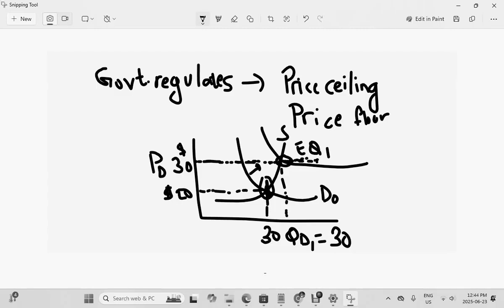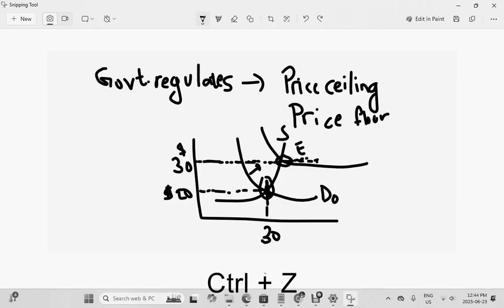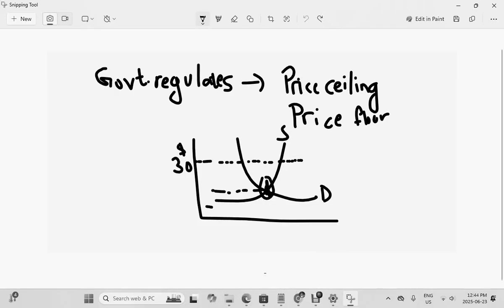On the other side, if you were to understand price floor, just like a price ceiling is a point above the equilibrium point, your price floor will be a point below the equilibrium point. Let's assume this is your price floor over here, and let's assume this is $10.